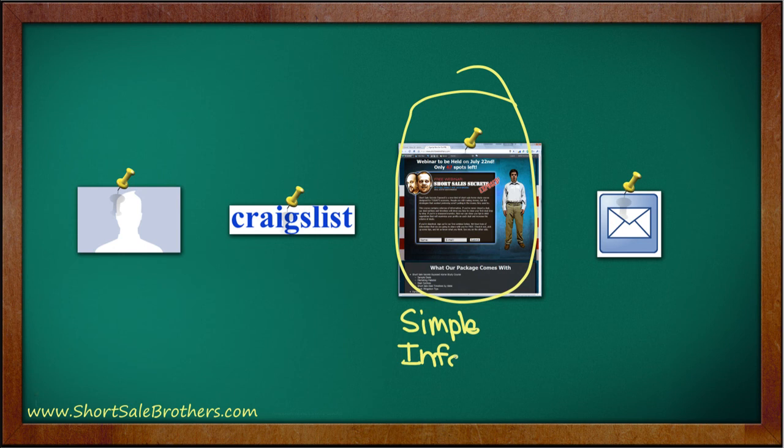A lot of our squeeze pages only have a place for an email address, maybe a name and an email address, or maybe just a phone number, or maybe a couple of different options where they can either enter in their email address or their phone number, whichever they're more comfortable with, or whichever way is easiest to contact them. So it's simple, limited information, and a very simple design.